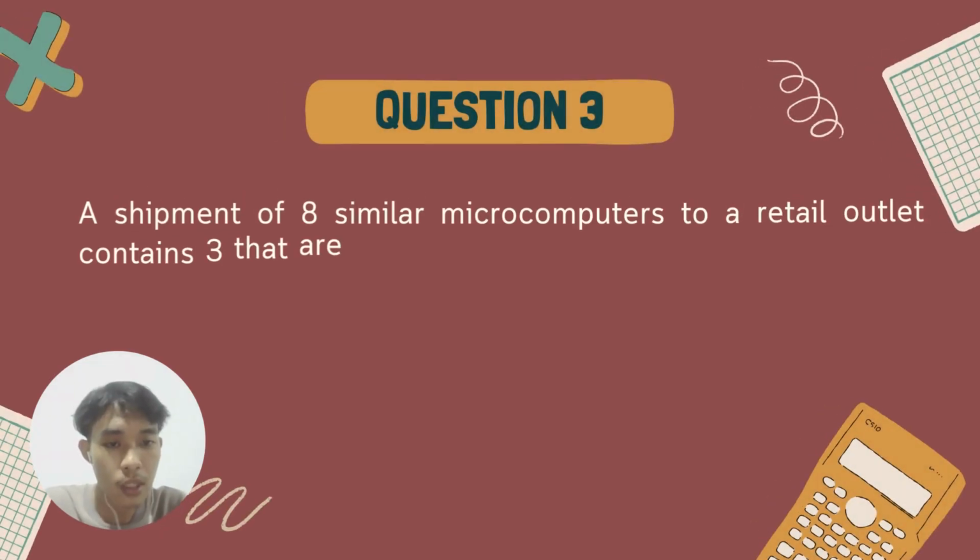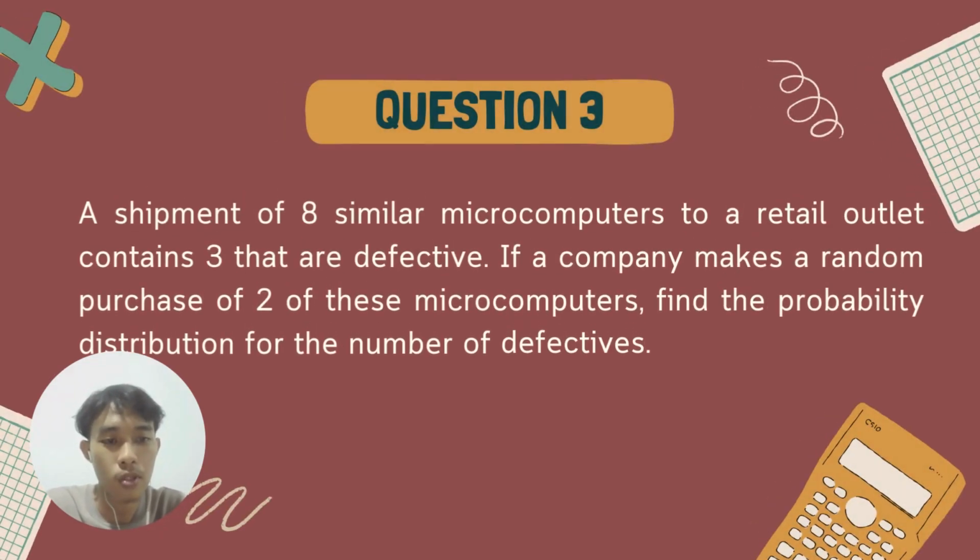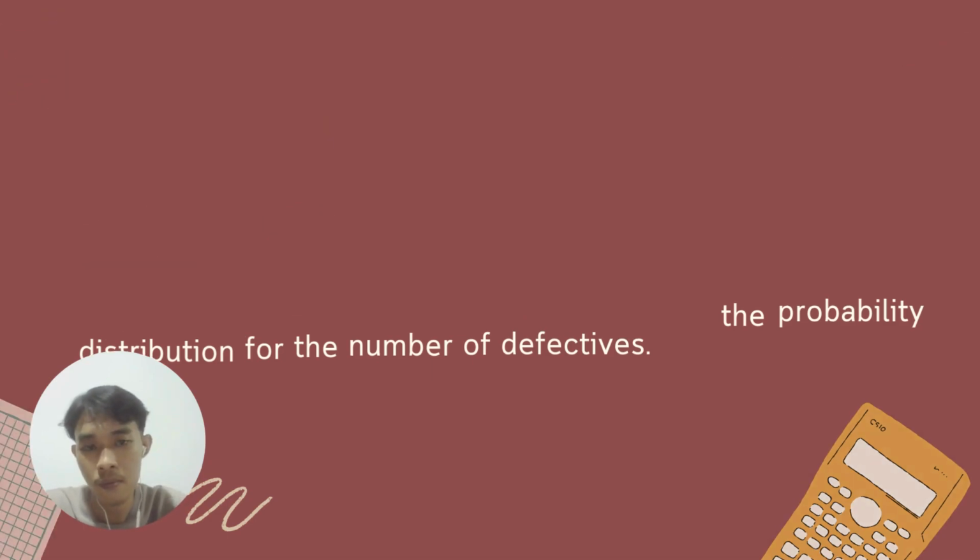For question 3, a shipment of 8 similar microcomputers to a retail outlet contains 3 that are defective. If a company makes a random purchase of 2 of these microcomputers, find the probability distribution for the number of defectives.